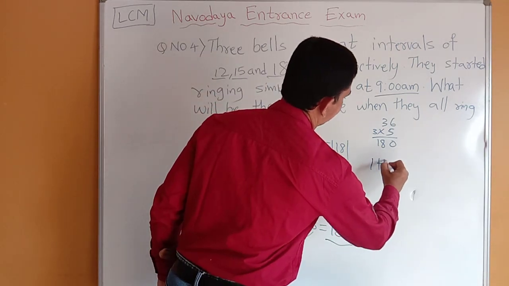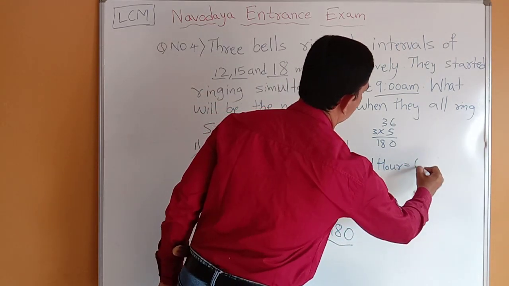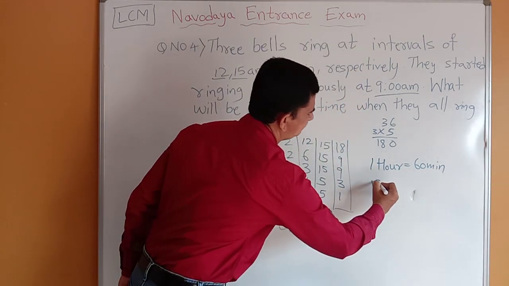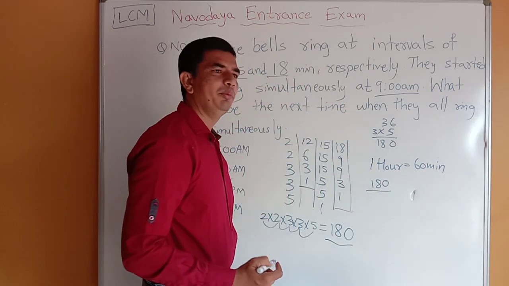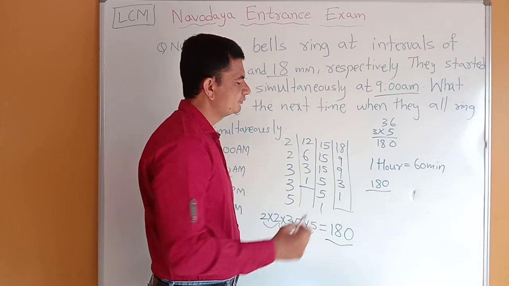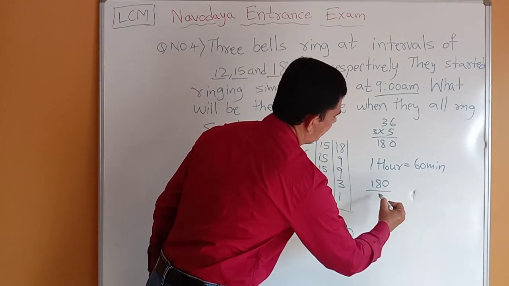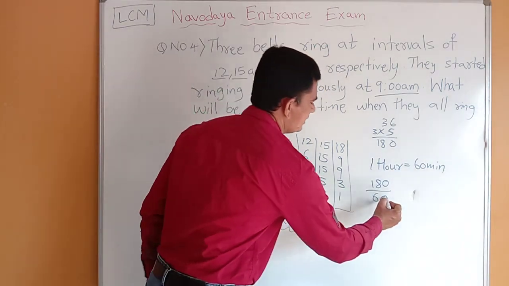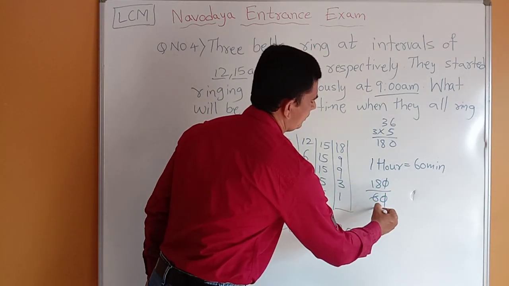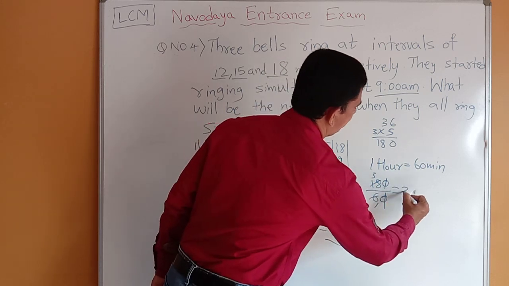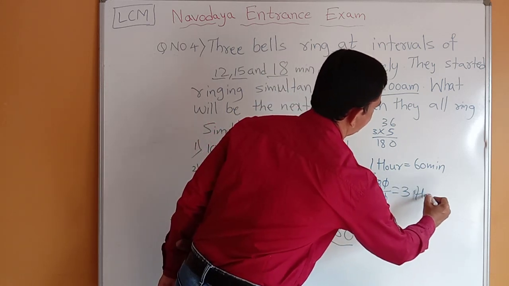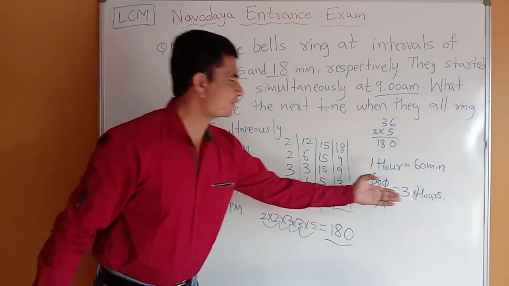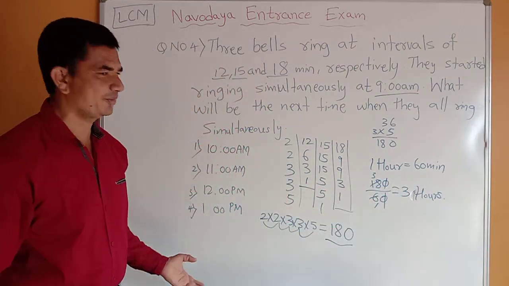In 1 hour, how many minutes are there? 60 minutes. So 180 minutes means how many hours? We have to divide by 60. 6 ones are 6, 6 threes are 18, so 3 hours. Again you may think the answer we got is 3 hours, but there is no 3 hours in the options.